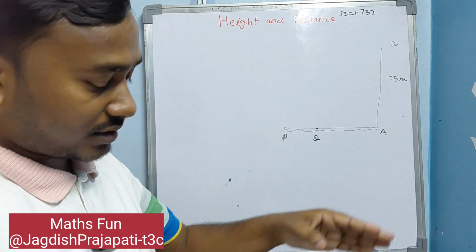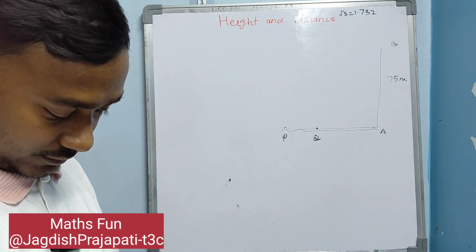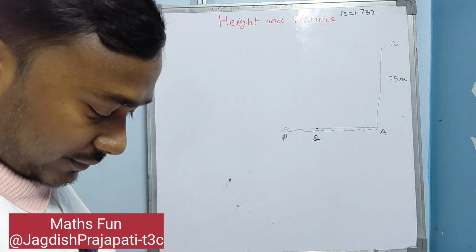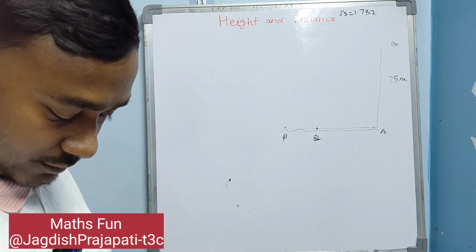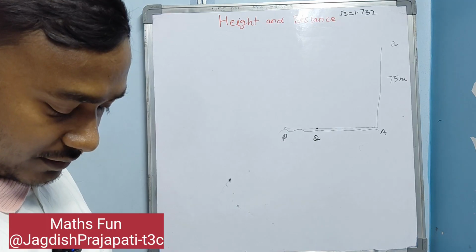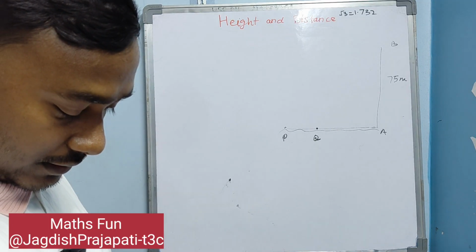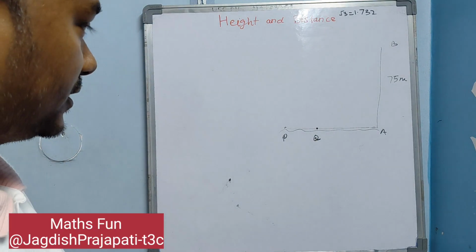They are moving towards the lighthouse. Find the distance between the two ships (30° and 45°).